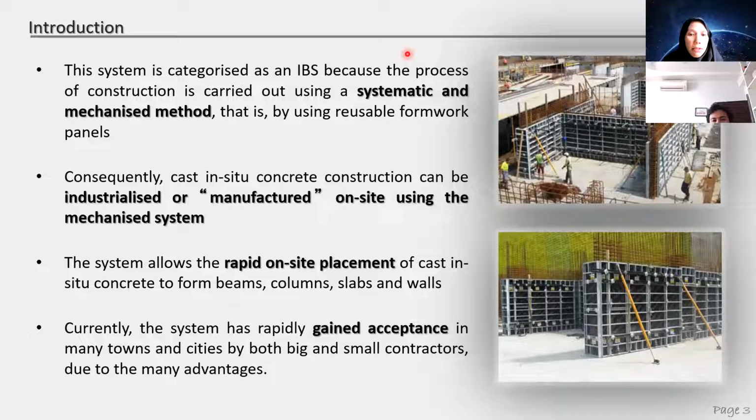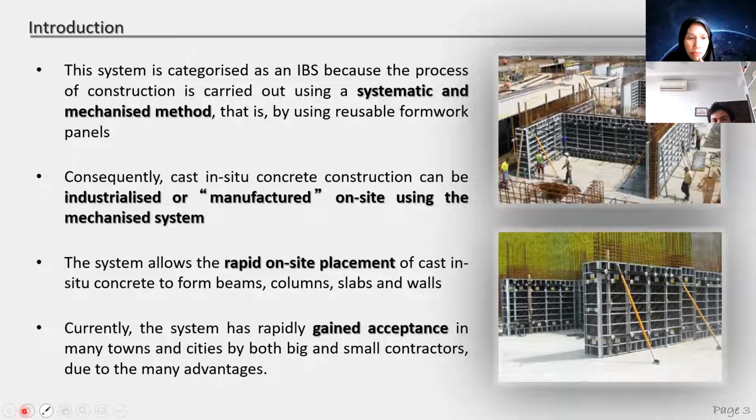So in this type of formwork system you change from traditional into mechanized, and it allows a very rapid construction process. You can speed up the process. We're going to look later at how the formwork system can speed up the traditional process.